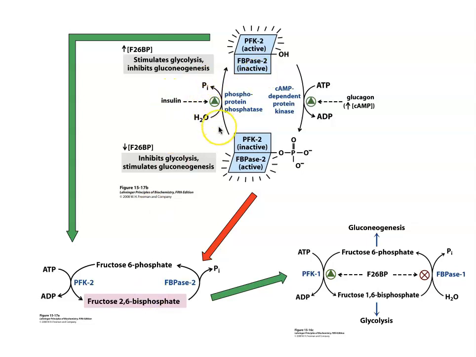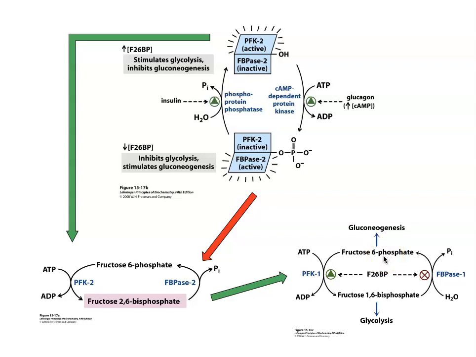So if insulin dephosphorylates the protein and the protein now acts as a PFK2 that produces fructose 2,6-bisphosphate from fructose 6-phosphate, that increase in the concentration of fructose 2,6-bisphosphate will stimulate PFK1, which stimulates glycolysis, or the production of fructose 1,6-bisphosphate from fructose 6-phosphate. Now that happens when insulin is secreted.